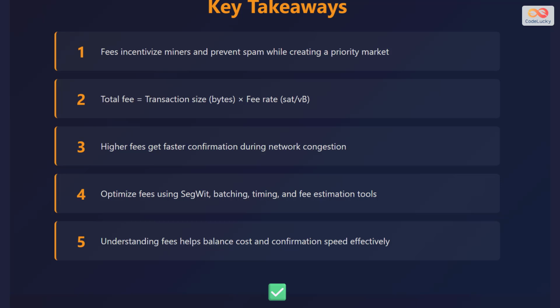Fourth, you can optimize fees using SegWit addresses, batching, timing your transactions strategically, and using fee estimation tools. And fifth, understanding how fees work helps you balance cost and confirmation speed effectively. With this knowledge, you're now equipped to make informed decisions about Bitcoin transaction fees and save money while using the network efficiently.